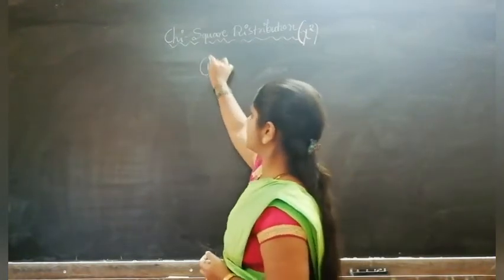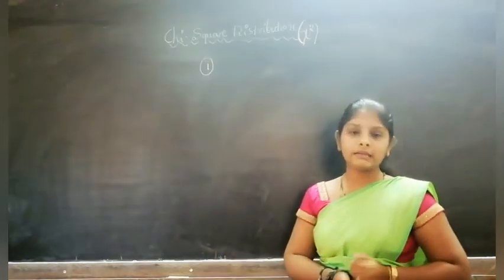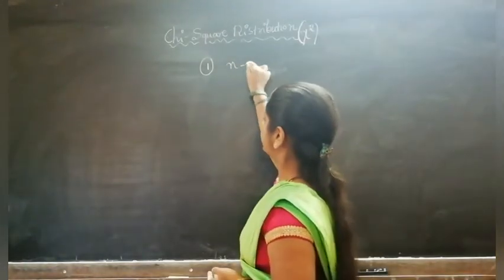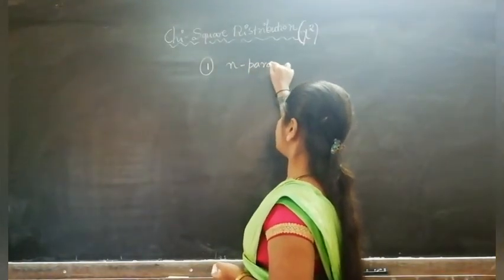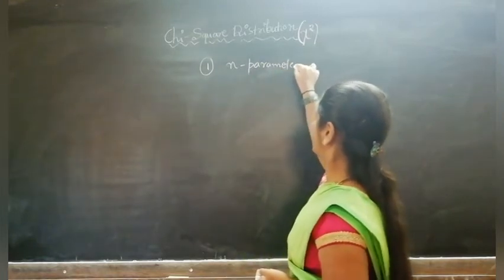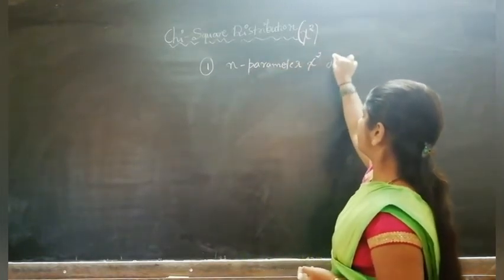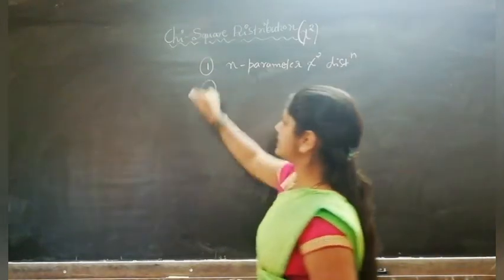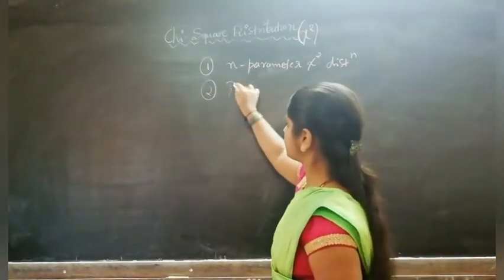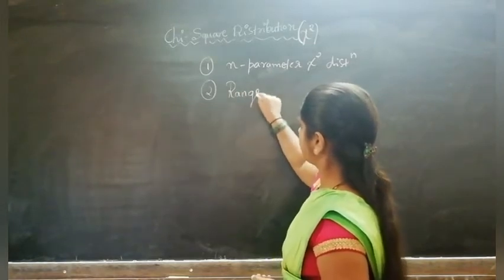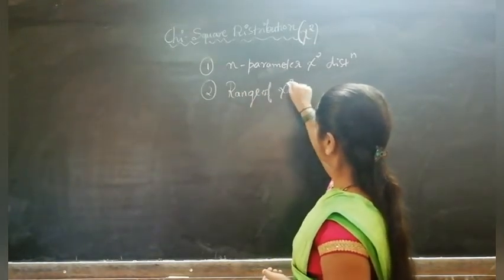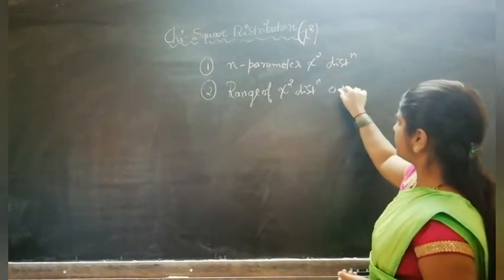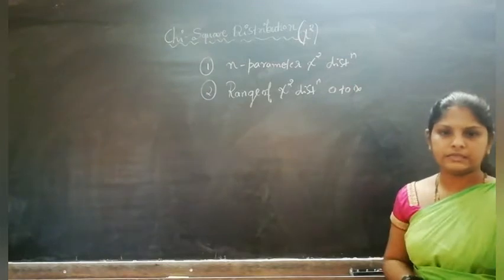The first one: n is the parameter of chi-square distribution. Now, what about the range, students? The range of chi-square distribution is from 0 to infinity.